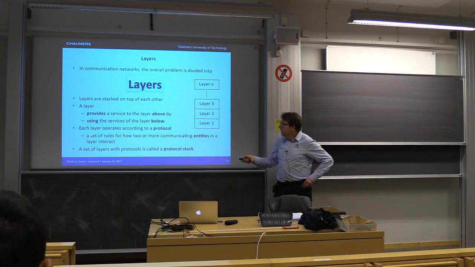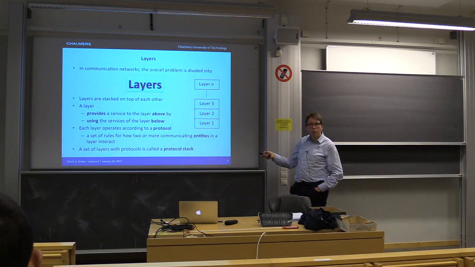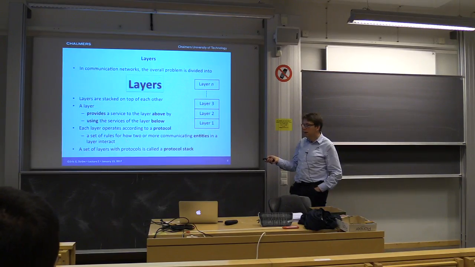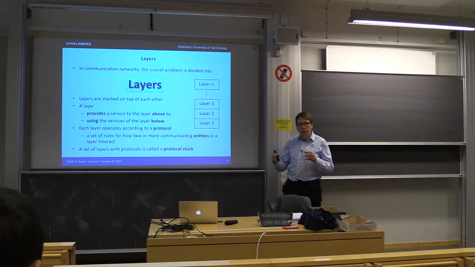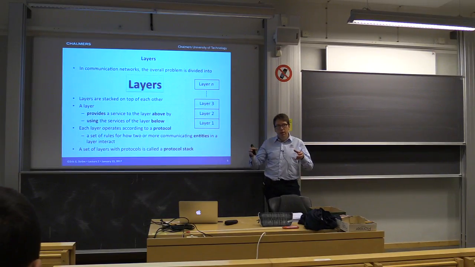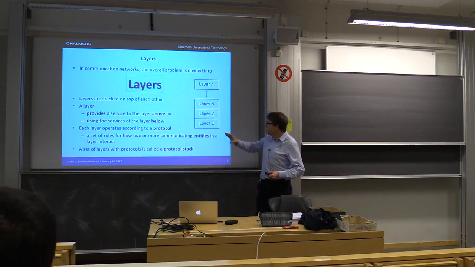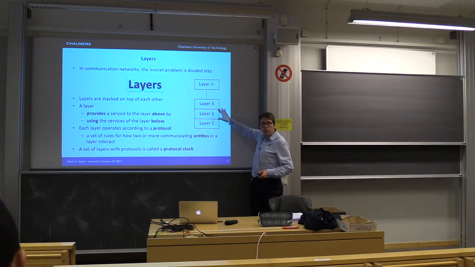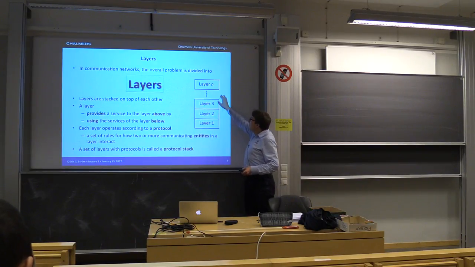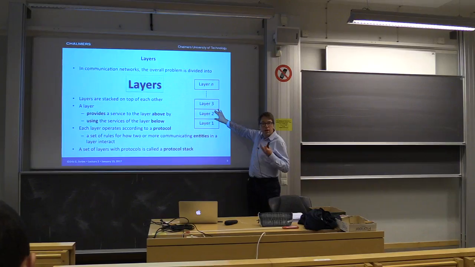Okay. Each layer operates according to a protocol, okay? And a protocol is a set of rules that defines how 2 or more communicating entities in this layer interact, okay? And we will see this will be made a little bit clearer later on, but let me try here. So layer 2, for instance, resides physically in some node in the network.